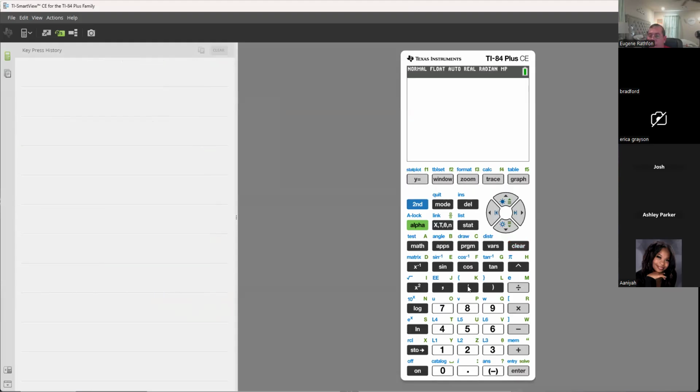All right, so I'm going to do it in one step. I'm going to add everything in parentheses and then close the parentheses and divide by my 7.